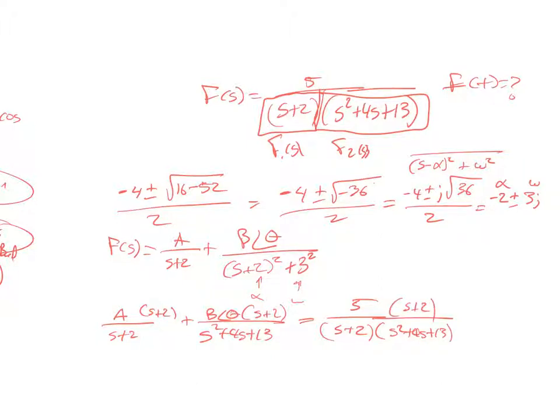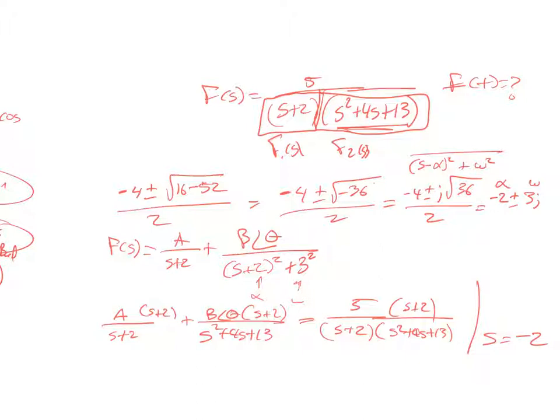Again, multiplying both sides by whatever is under the a. And now I'm going to make sure I evaluate it at the root of that pole, or of that coefficient, minus 2. Everybody see that? Under the 5 s plus 2, is that s squared plus 4s plus 13? It's this original part right here.